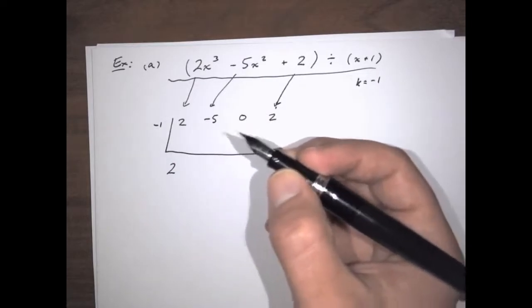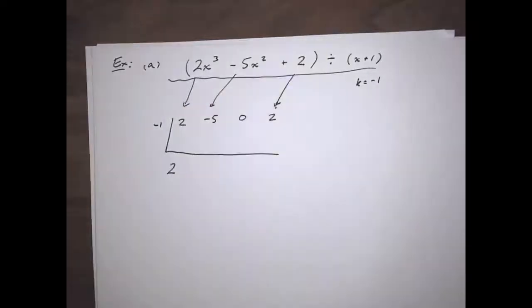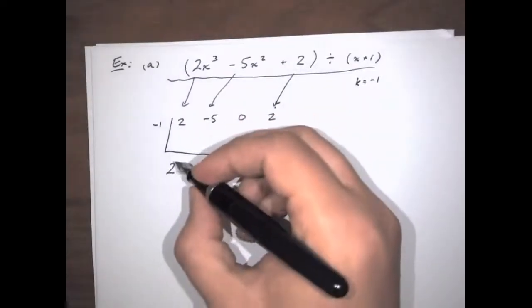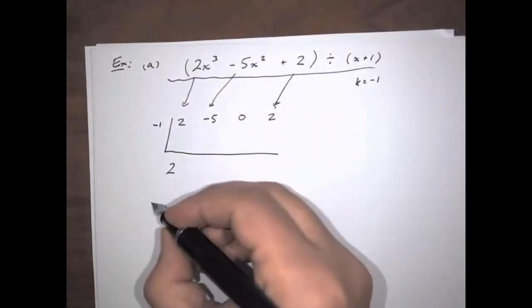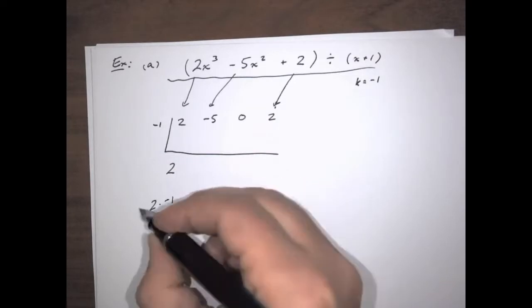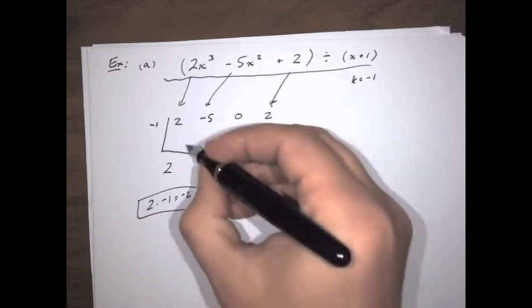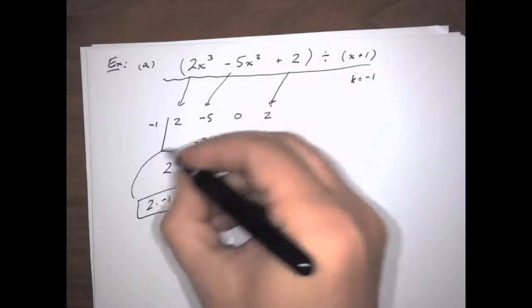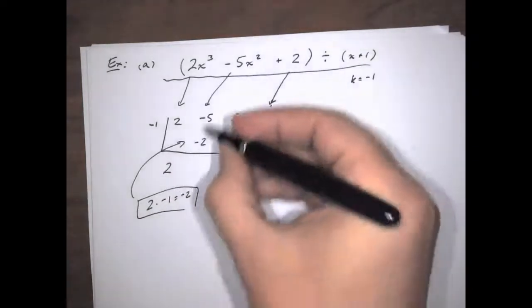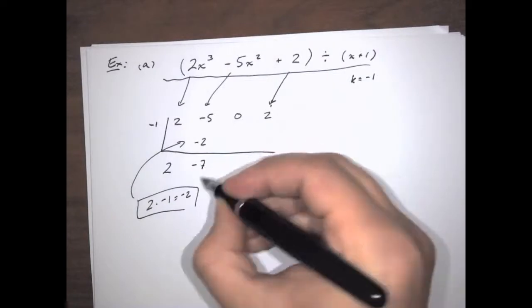Now the first term of the quotient, we just bring down the initial coefficient. Okay, so that gives us that. Now 2 times negative 1 equals negative 2. So that is what goes up here. And then we add those. So that's a negative 7.